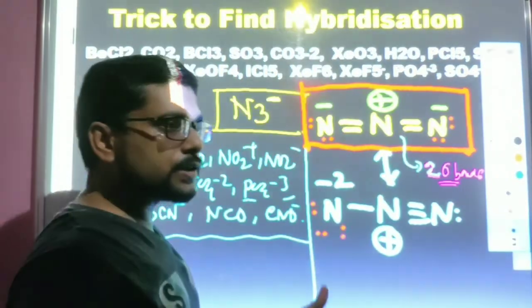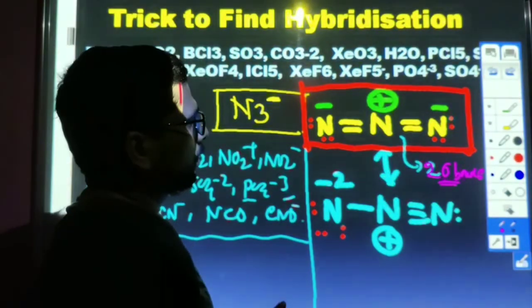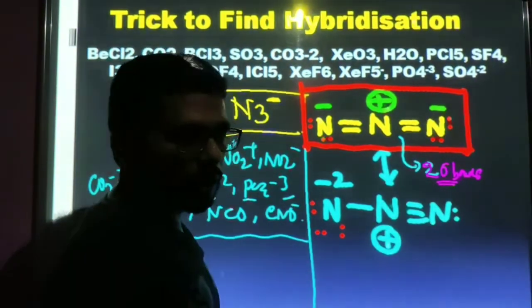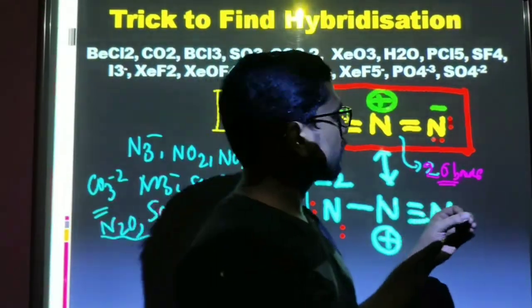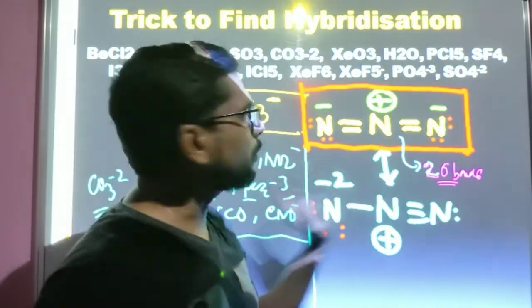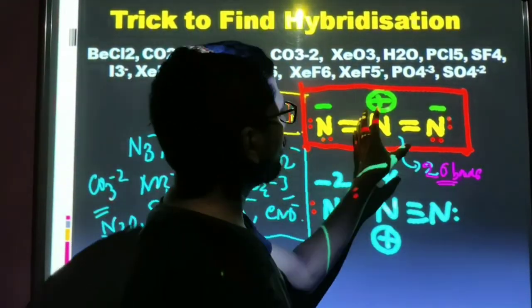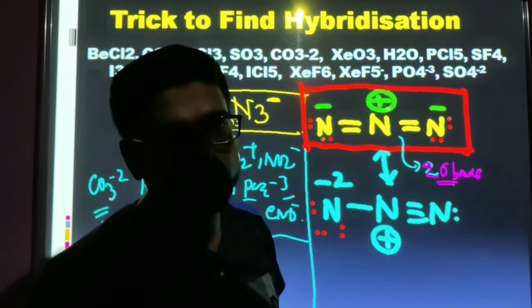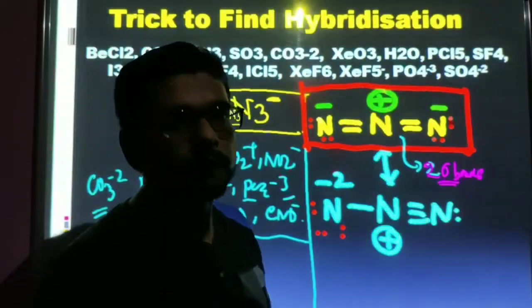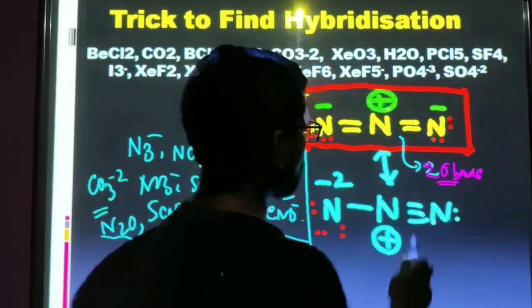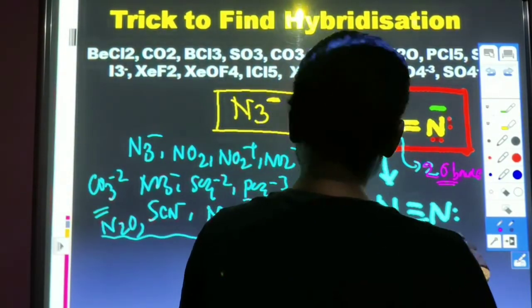Hybridized orbitals do not take part in forming pi bonds, so we should not count the pi bonds. We will only count the sigma bonds and lone pairs, or unpaired electrons if there are any. So two sigma bonds here, also two sigma bonds.